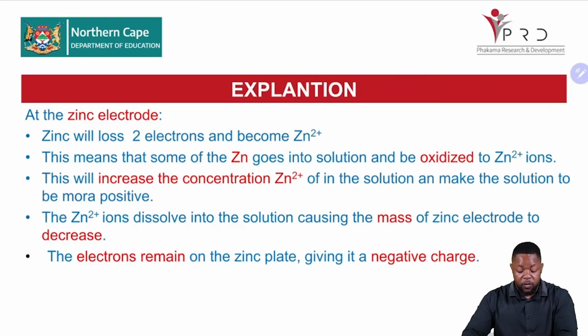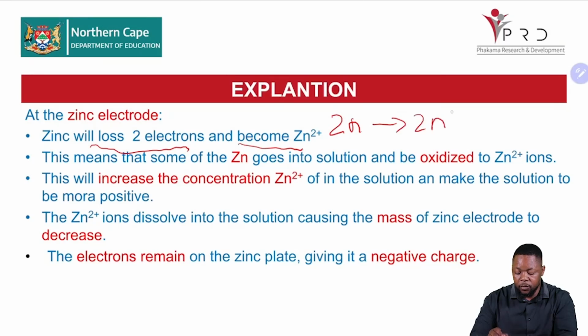Now, we continue with the explanation of the galvanic cell in the diagram that we have seen in the previous slide. We have seen that the zinc will lose 2 electrons to become Zn2+, which we wrote as Zn losing 2 electrons to become Zn2+ plus 2 electrons. So that is the oxidation half reaction.